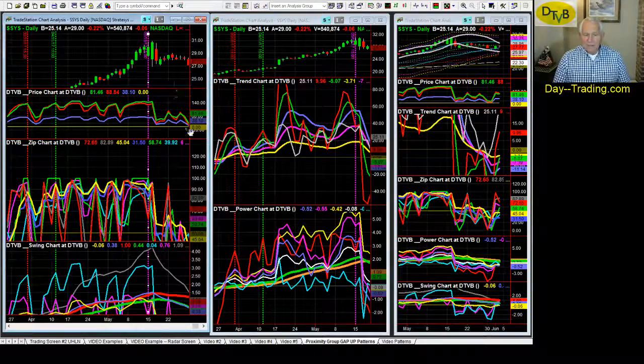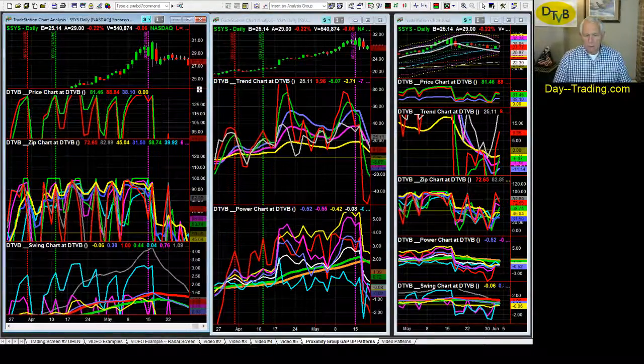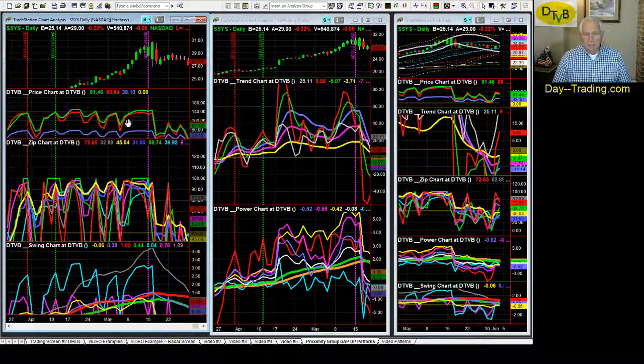One of the key things is in your price chart. We all know that as we go into an uptrend, red and green go far above blue, and most of the time they're 90 to 100 points above the blue line when you're going into a nice uptrend, or even if you get a spike up.